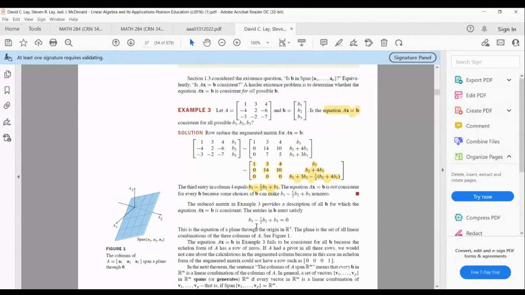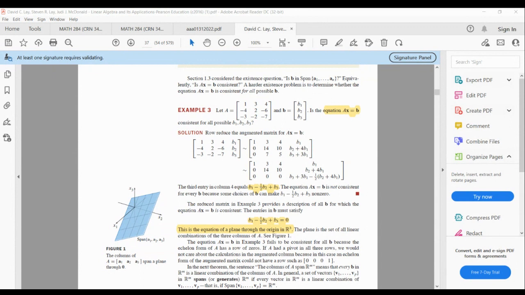The coordinates of the vectors, well, let's say coordinates, because we can think of a vector equivalently as a point, right?